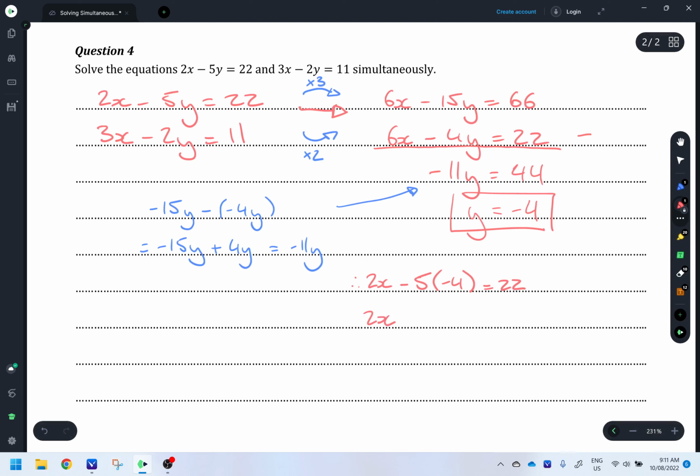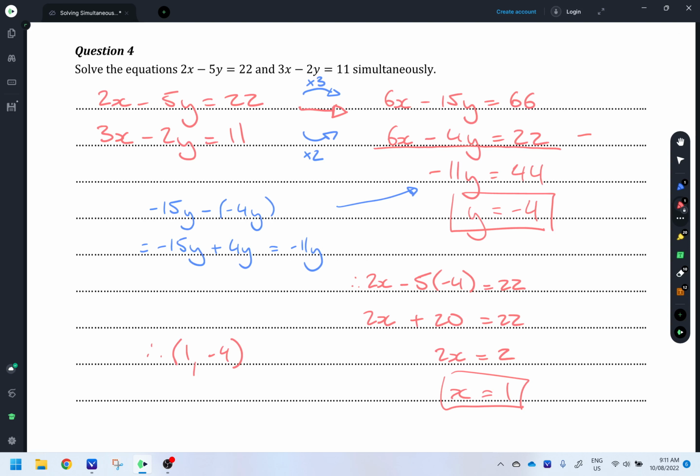I'll get 2x plus 20 equals 22, making sure that we're taking care, we're saying negative 5 times negative 4, so that'll be positive 20. Then, of course, I'm going to subtract the 20, so I get 2x equals 2, and then divide by 2, x equals 1, meaning that my solution can be written as 1, negative 4.